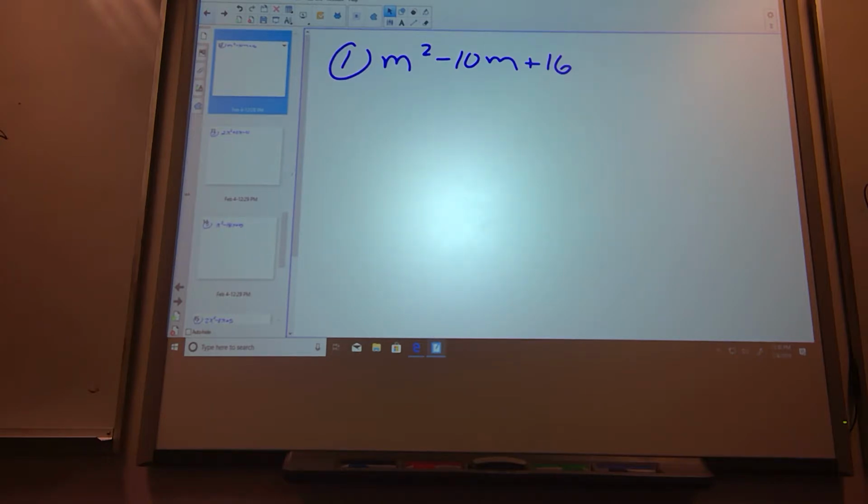Negative 2 and negative 8 would be negative 10 when you add, and 2 times negative 8 is positive 16. So that's the way to go.